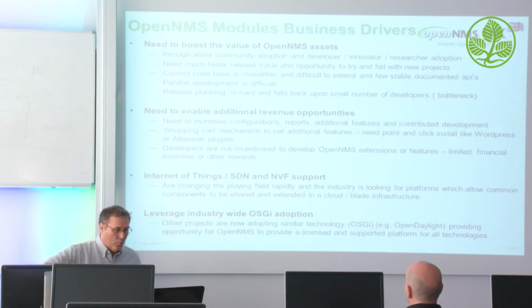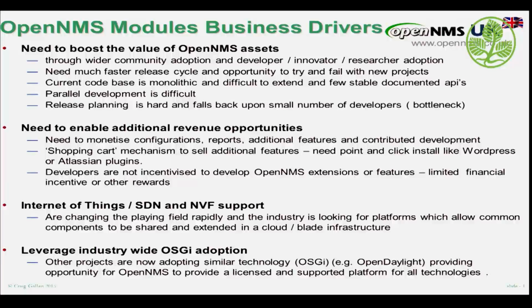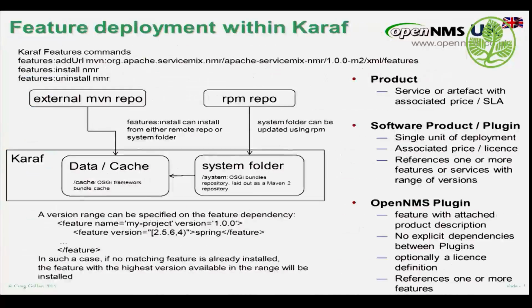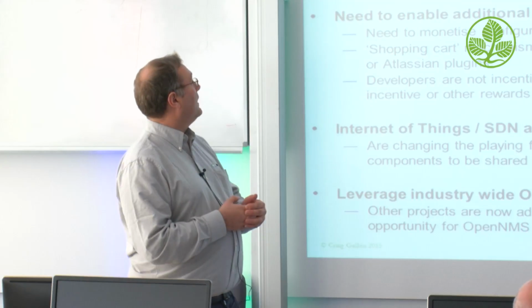So what are the business drivers for what we're trying to do? What we're trying to do is boost the value of OpenNMS assets, basically by encouraging wider community adoption and developer participation in the OpenNMS project.